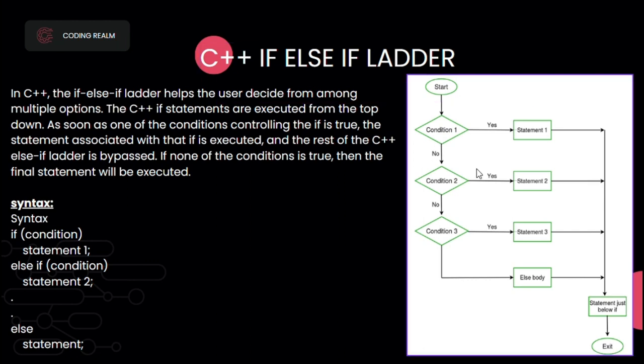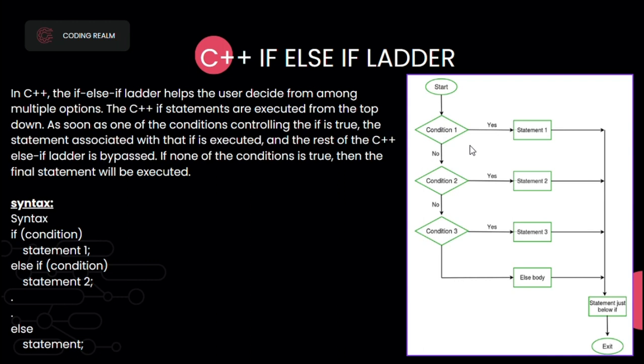Now let's show the if-else-if ladder flowchart. Start. Here I have multiple conditions. Condition 1: if condition 1 is true, the statement is executed. If it is false, I need to go to condition 2. If condition 2 is true, statement 2 is executed.